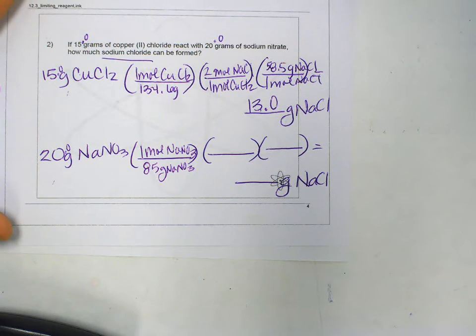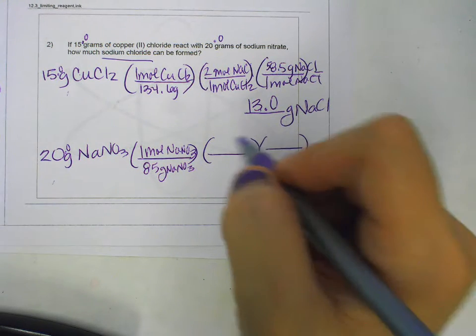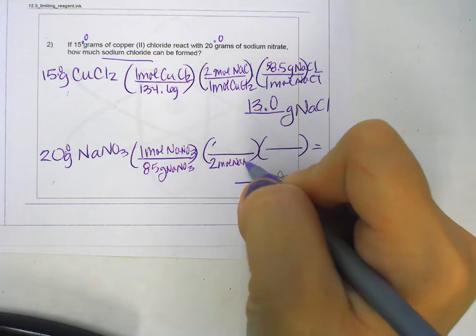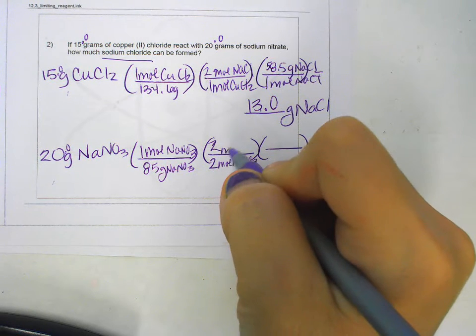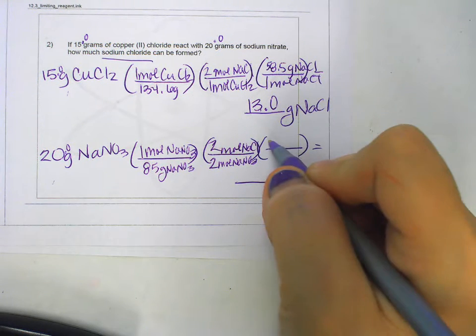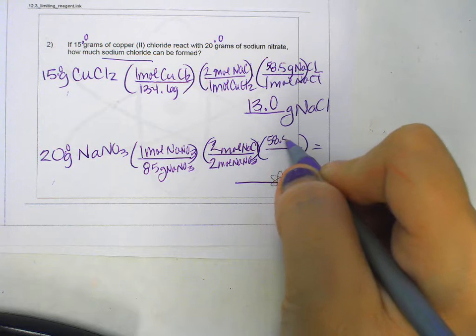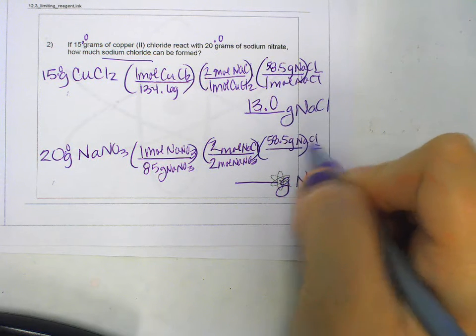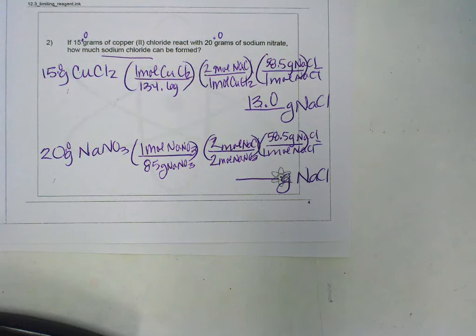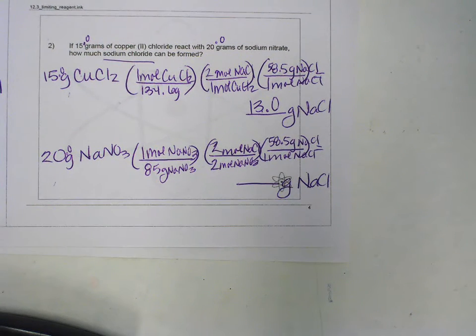Now I'm going to convert that. Sodium nitrate has a 2 in front of it. Sodium chloride has a 2 in front of it. I already figured out the mass of sodium chloride is 58.5 for 1 mole. Again, those are standard 3-step mass-to-mass problems that we have done.